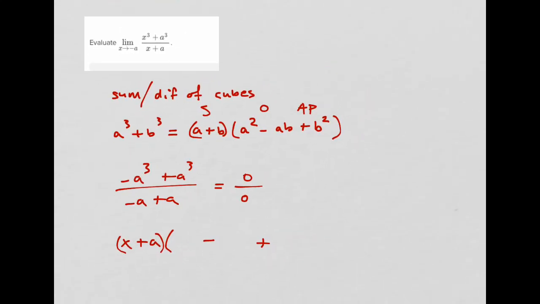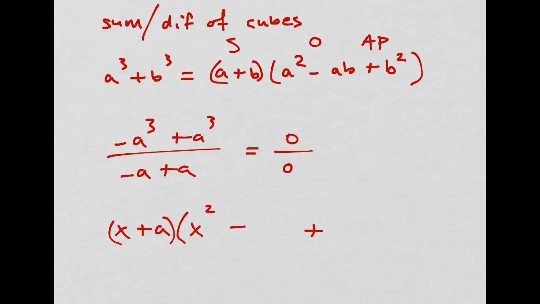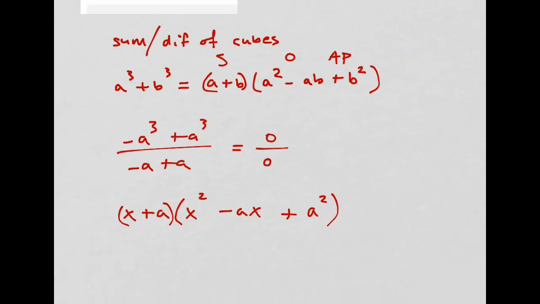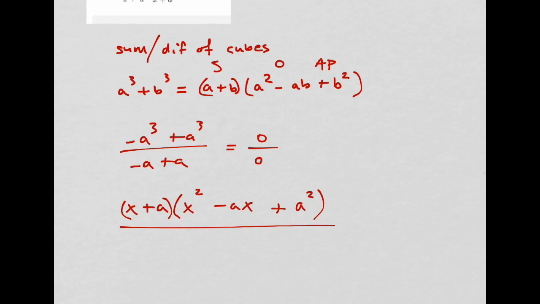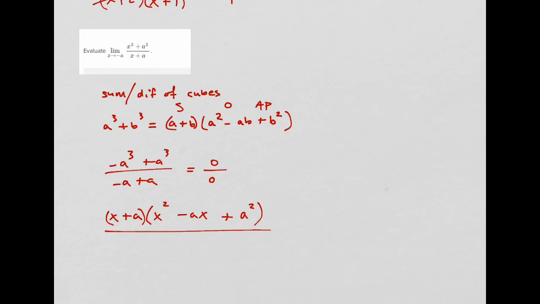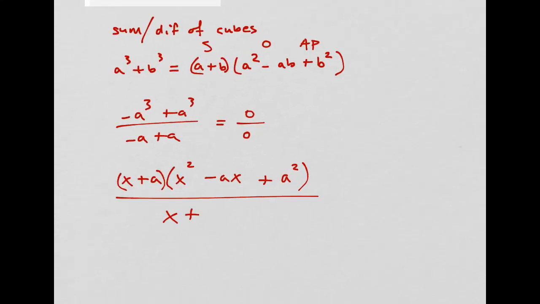My a in this case is x, so I have x squared. My b in this case is a. That's confusing. And then ax is a times b, or b times a. So there we go. That's factored now. And then in the bottom I have x plus a. Oh, look at that. Isn't that convenient?